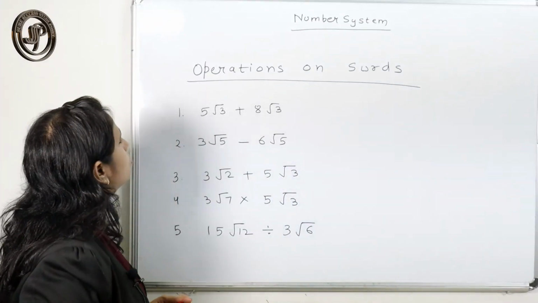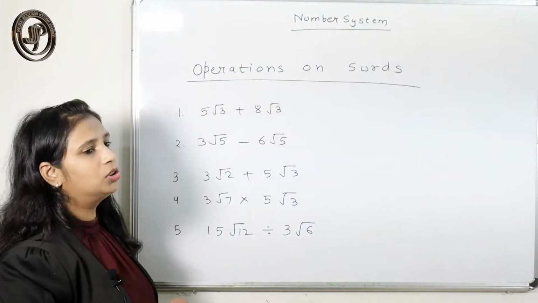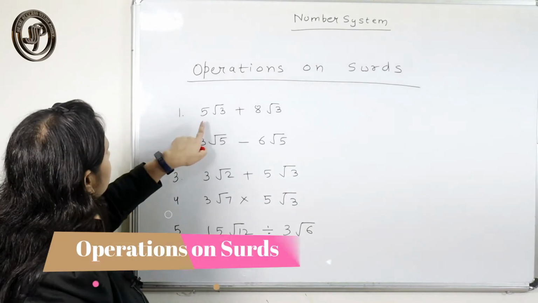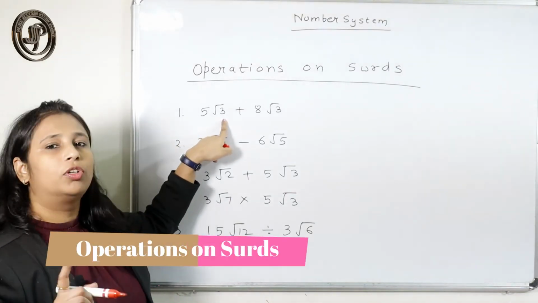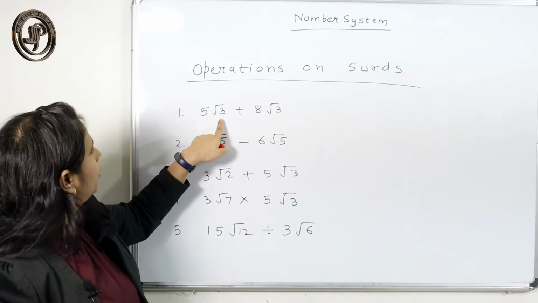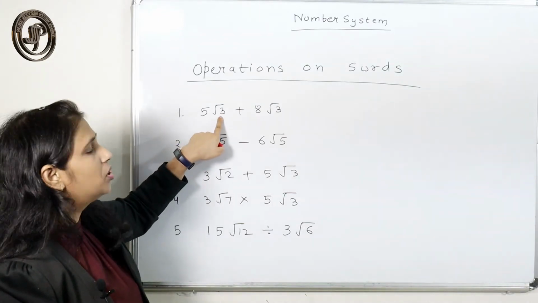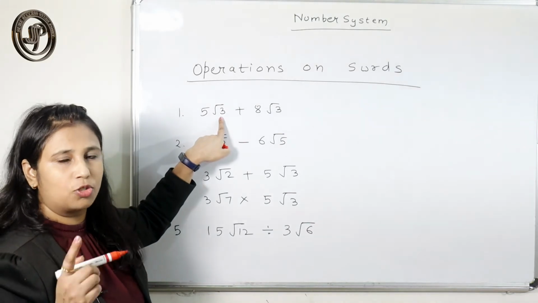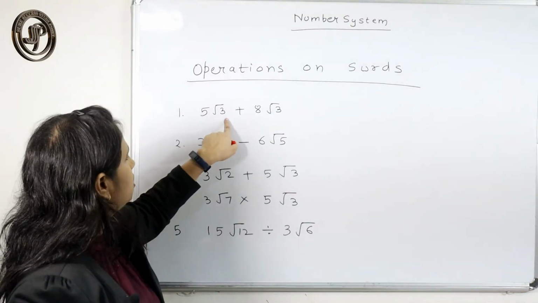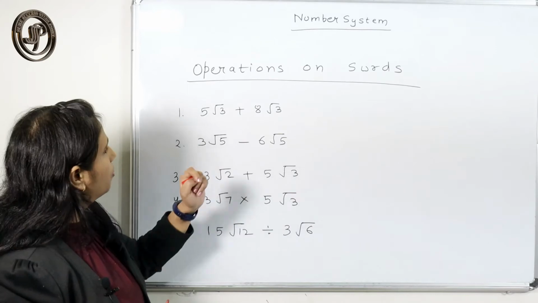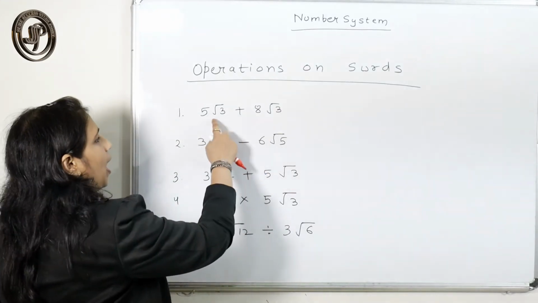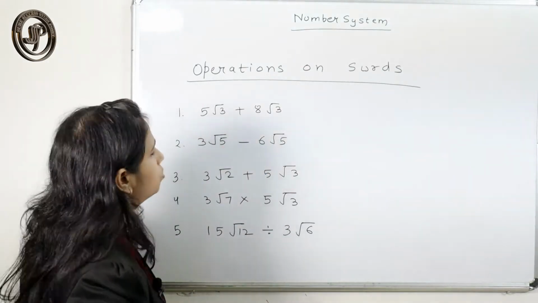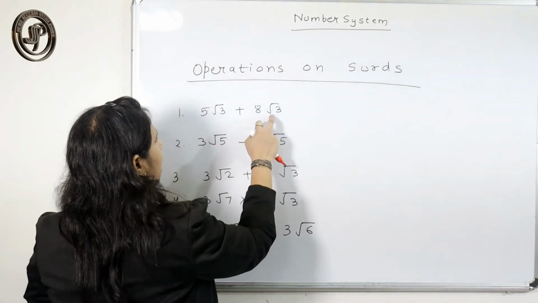Let's see how to do some operations on surds. So if I write 5 root 3, first of all you have to find whether it is a surd or not. Yes, 5 root 3 is an irrational number, 3 raised to power 1 by 2, a raised to power 1 by n form. So this is an irrational number, and you have to add the two irrational numbers.